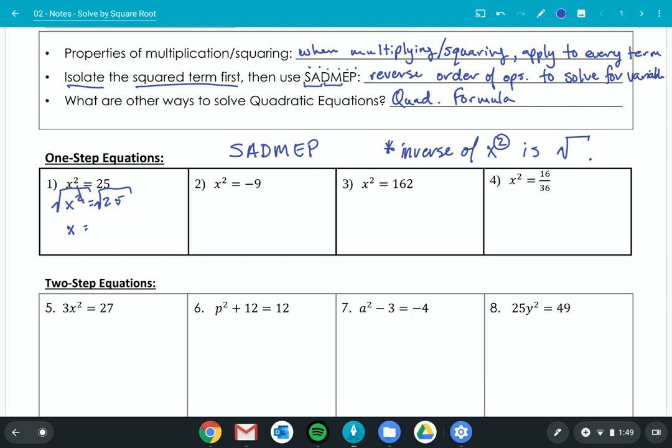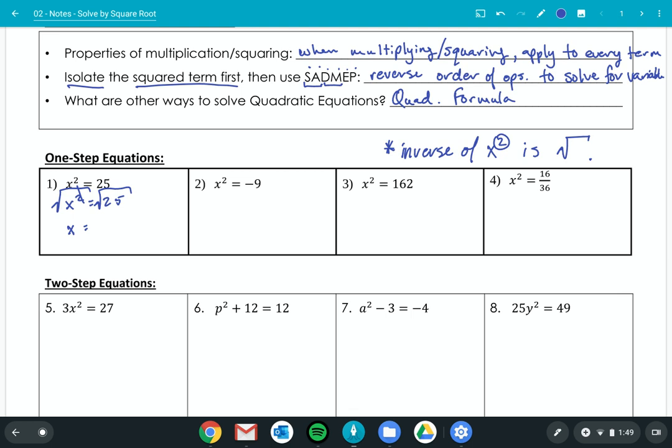The square root of 25 is 5, but we've got to add a new concept to our brain. Whenever I take a square root, I always want to think about positive and negative solutions. Every time you take a square root, there's not just one answer, there's actually two.